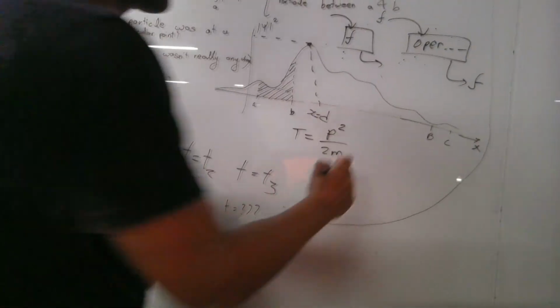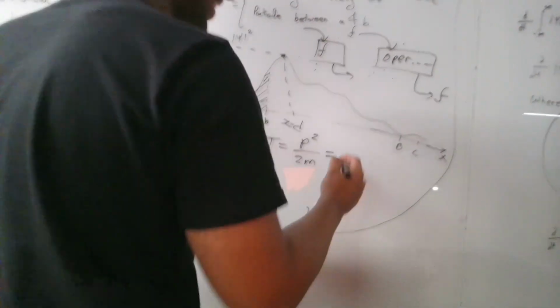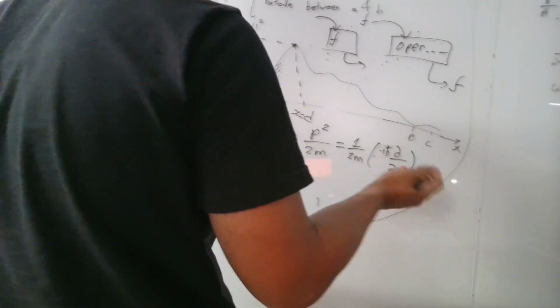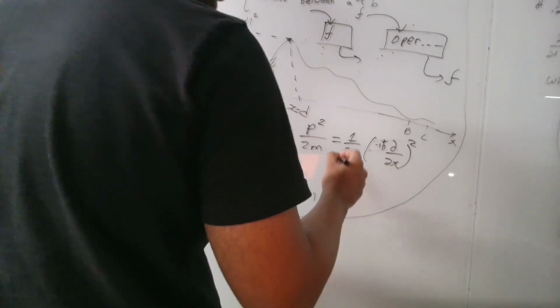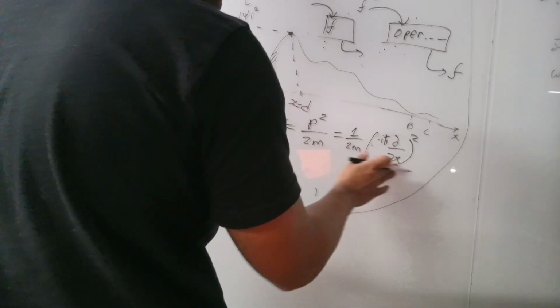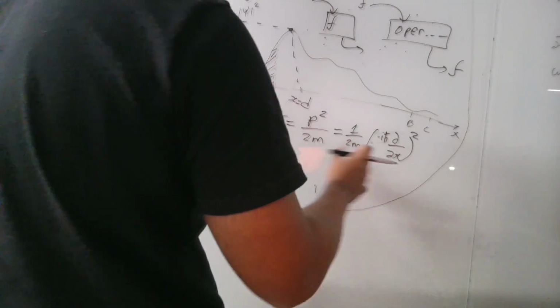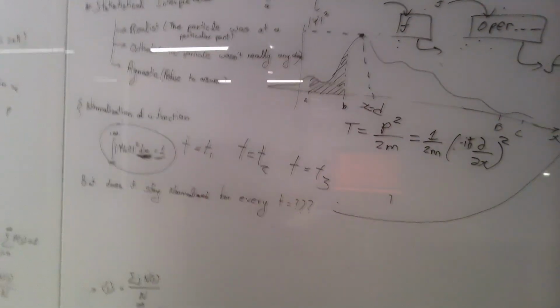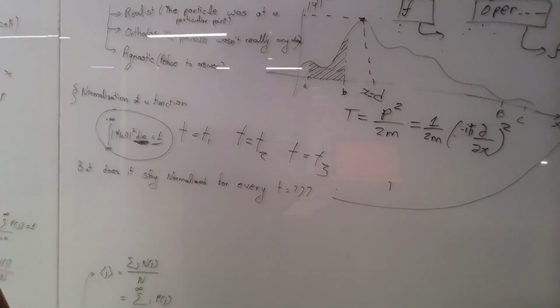So you just have negative i h bar del over del x, and you just have the square. And this is the operator for kinetic energy. To find its expectation value, you feed it a function, and it gives you the actual kinetic energy of a particle. That's the basis for quantum mechanics for you.